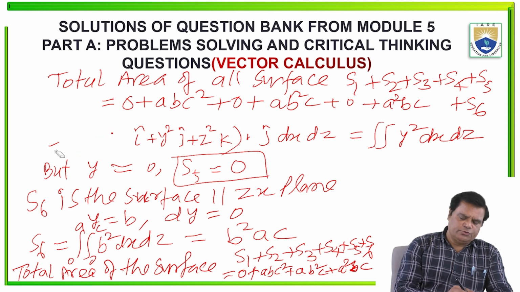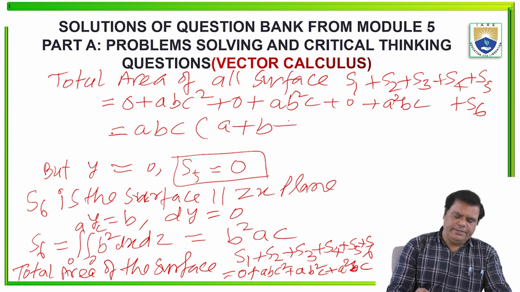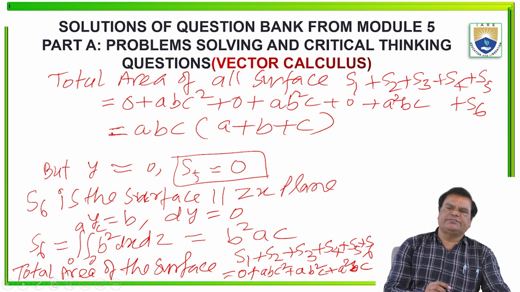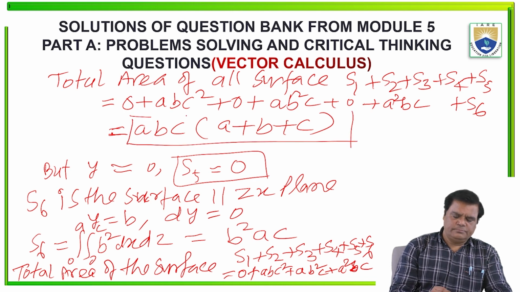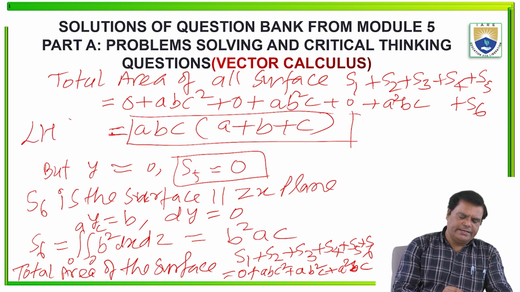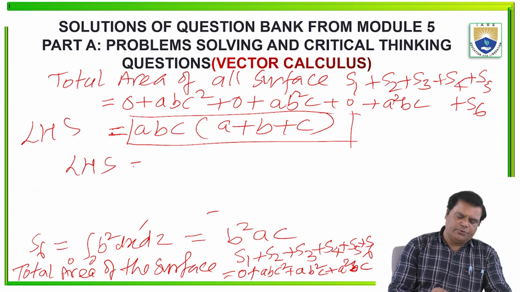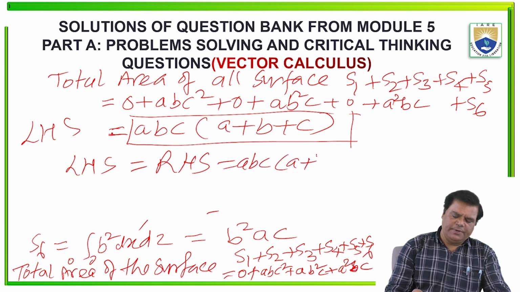Okay. So now abc is common, so this equals abc times a plus b plus c. So this is the total area of all faces. This is the left hand side result. So LHS equals RHS equals abc(a plus b plus c).